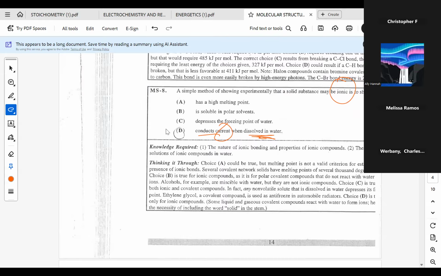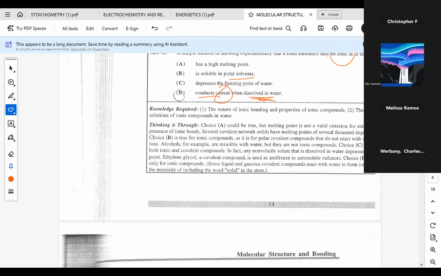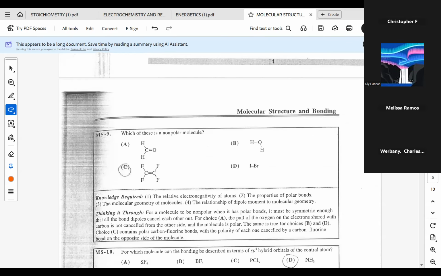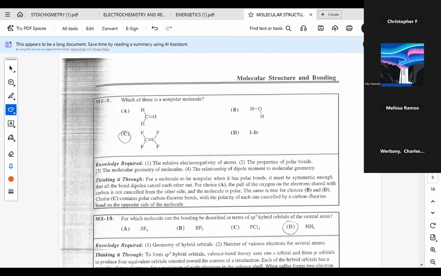Yes, ionic compounds are generally soluble in polar compounds, but we want to know experimentally how we could show this. So sometimes some answers you may convince yourself are right some of the time, but make sure you look for answers that are right all the time.